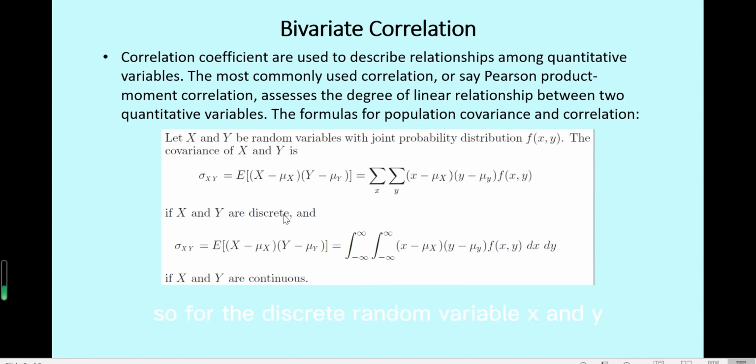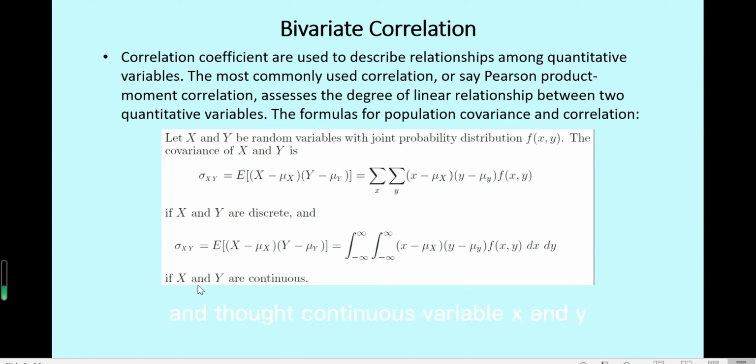For discrete random variables x and y, this expression can be calculated as (x minus mu x) times (y minus mu y) times the probability for each combination of x and y values, then summed together.